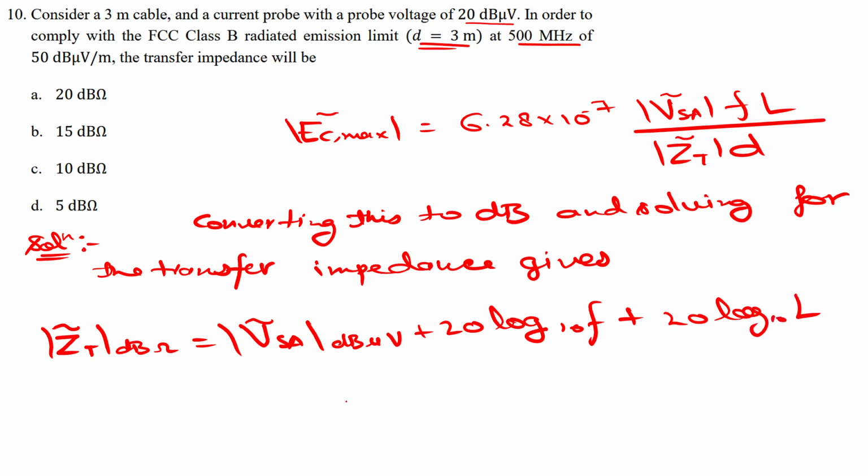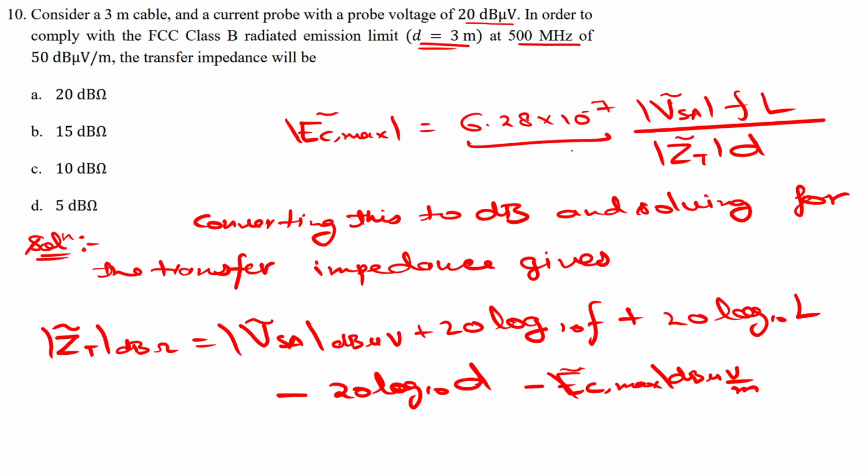Since these were in the denominator, minus 20 log 10 of distance d, and minus E_C max, which will be in dB microvolt per meter. And when we take the logarithm of this quantity, we will get minus 4.041.